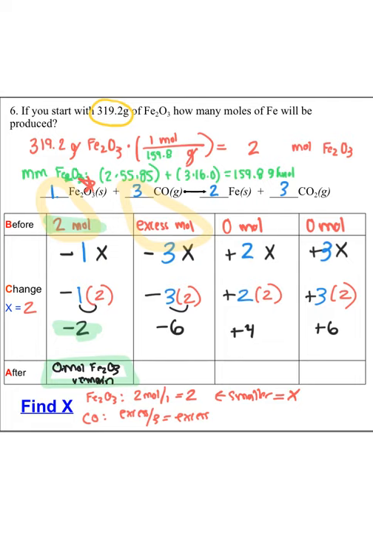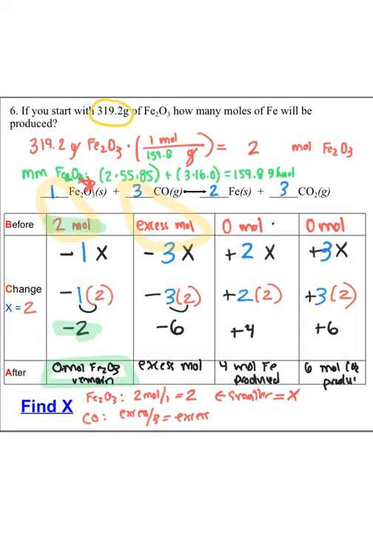My superstar should always run out. Excess minus 6 is still going to be excess, right? We had extra ingredients. We used up 6 in the recipe. I still have extra. Now the products. I started with nothing. I made 4, so I have 4 moles of Fe produced. 0 plus 6 is 6 moles CO2 produced.